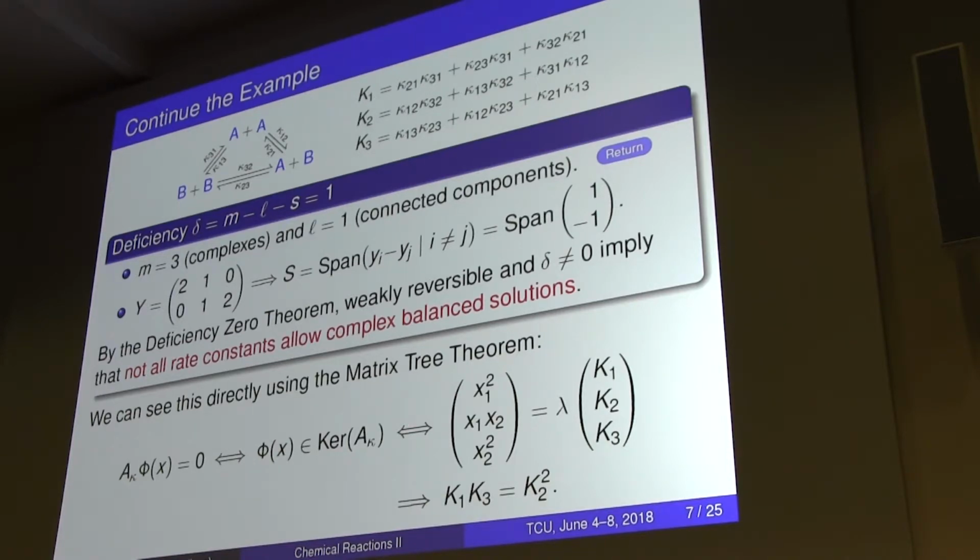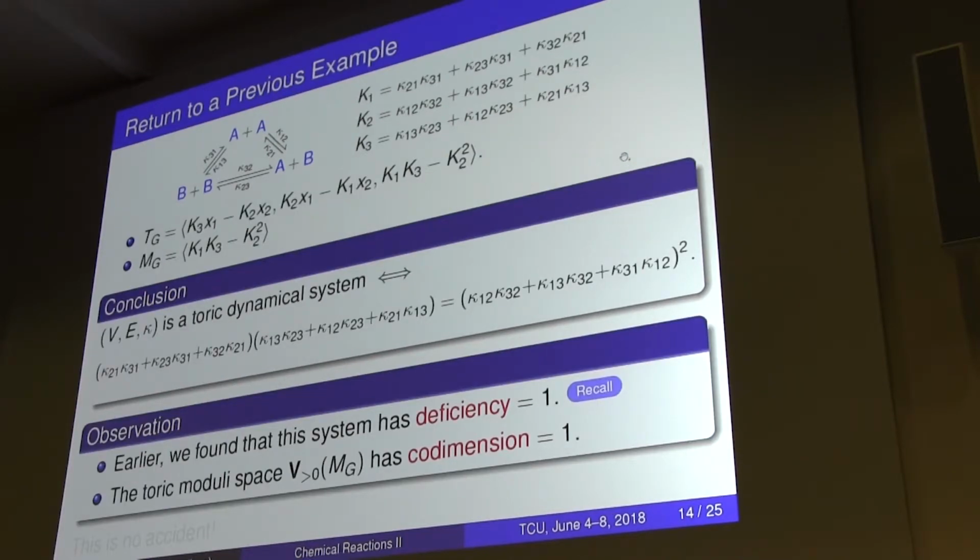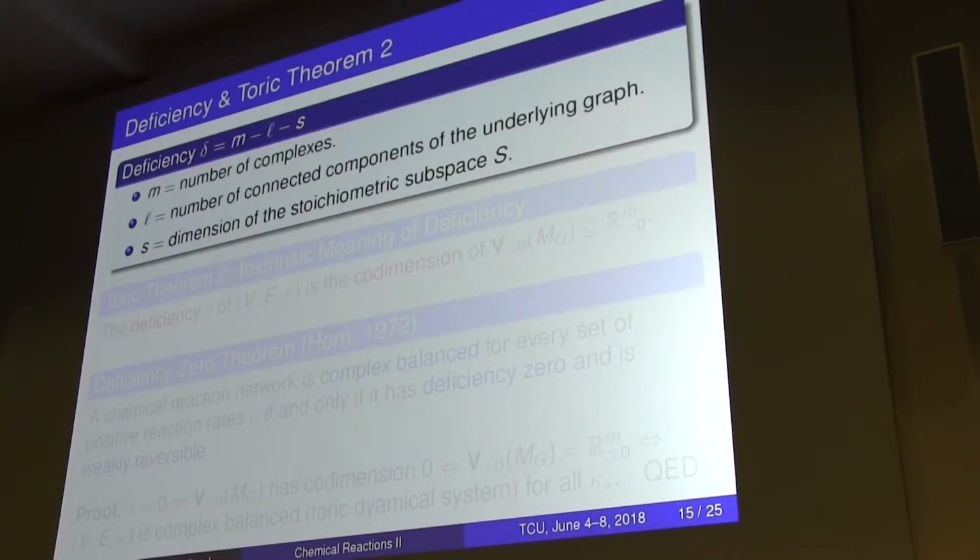Deficiency is 1, and what that means is that not all rate constants will give something that's complex balanced, but the condition that it be complex balanced is one equation. So in fact, this toric moduli space has codimension 1. So I have deficiency 1, codimension 1, and this is not an accident. That's toric theorem 2.